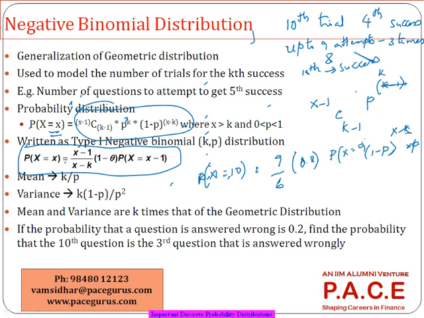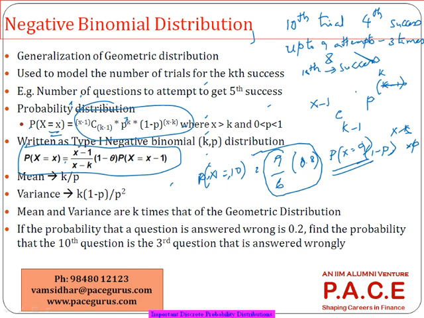So once I know the probability that he was successful in the 9th attempt, just by doing this additional multiplication, I can find the probability for the 10th attempt.